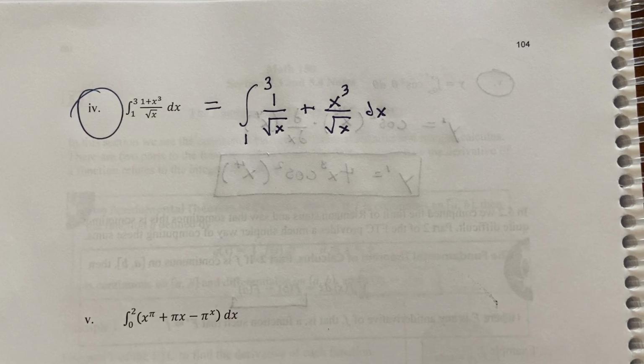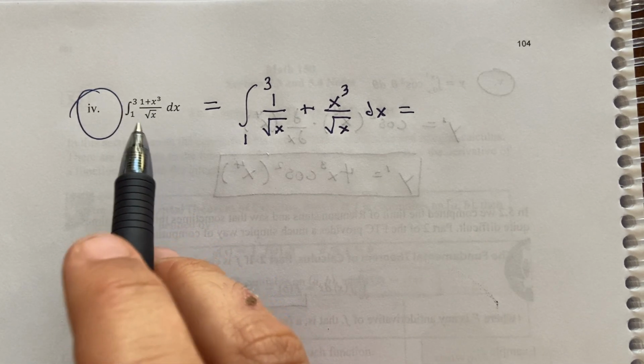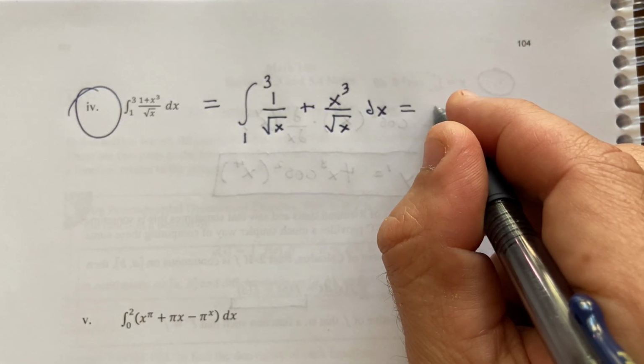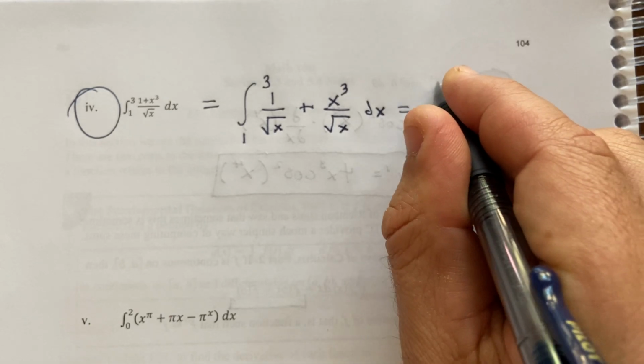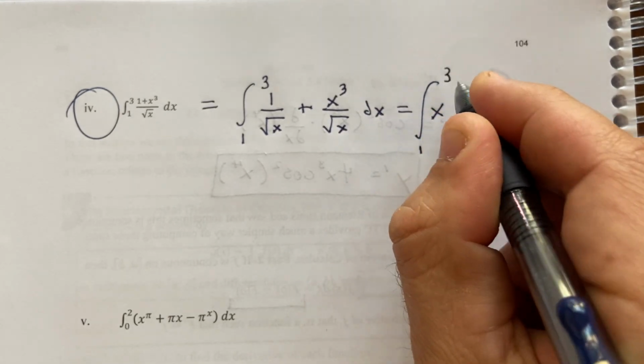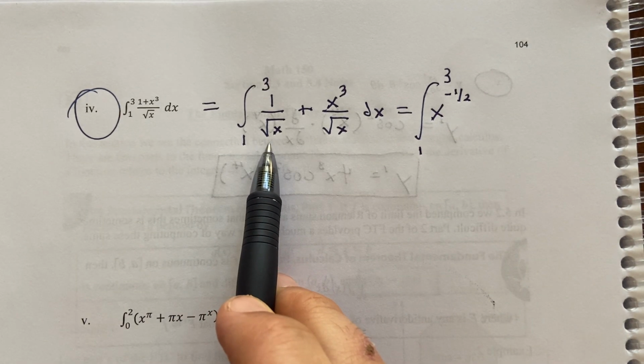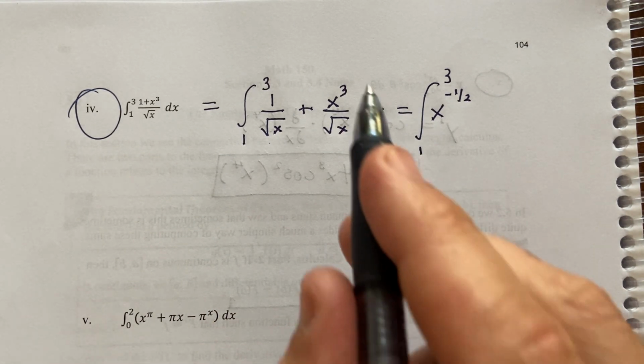Writing this more in terms of powers, if you remember, it was easier to take derivatives of things when they're written as powers. Similarly, I think it's easier to find antiderivatives of functions if they're written as powers rather than written as these kind of rational functions. So I'd have integral from 1 to 3 of x to the negative 1/2, right? 1 over root x, same as x to the negative 1/2.